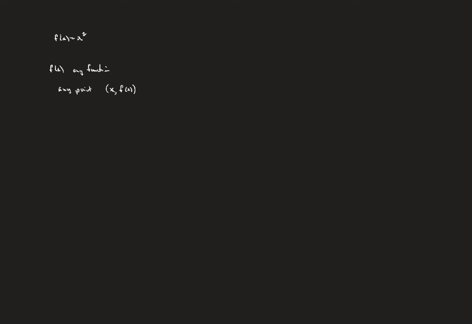And if we take another point a little ways away, h away from x, and again, h could be positive or negative, that will make its y-coordinate f of x plus h. And so our slope of the secant line is going to be f of x plus h minus f of x all over x plus h minus x, which is, of course, our difference quotient.